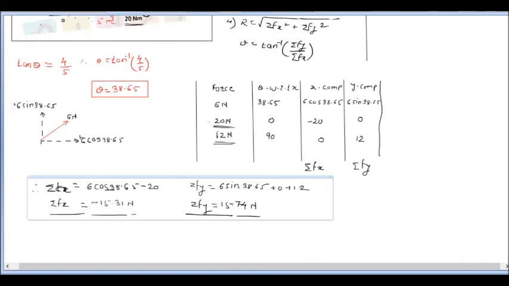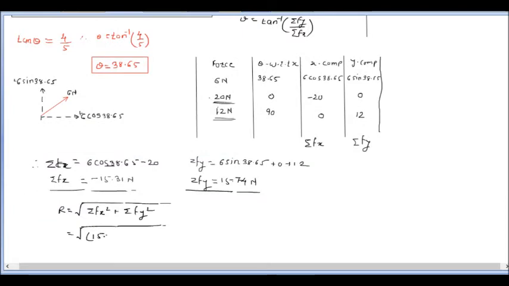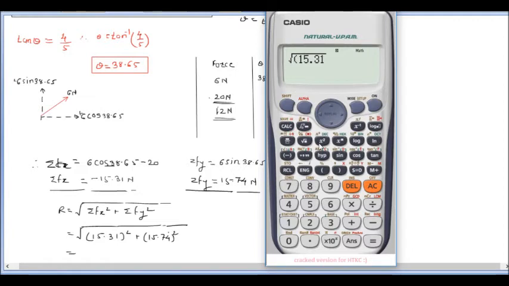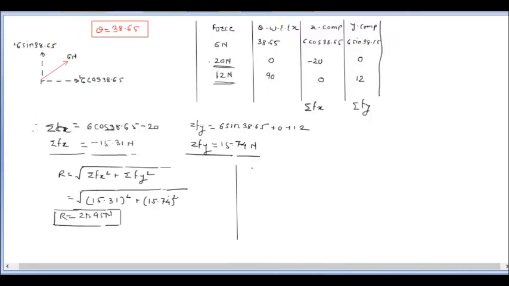We can calculate its resultant now. R is the square root of 15.31 squared plus 15.74 squared, and that is equal to 21.95. Theta we can calculate by using tan inverse of the summation f of y divided by the summation f of x.